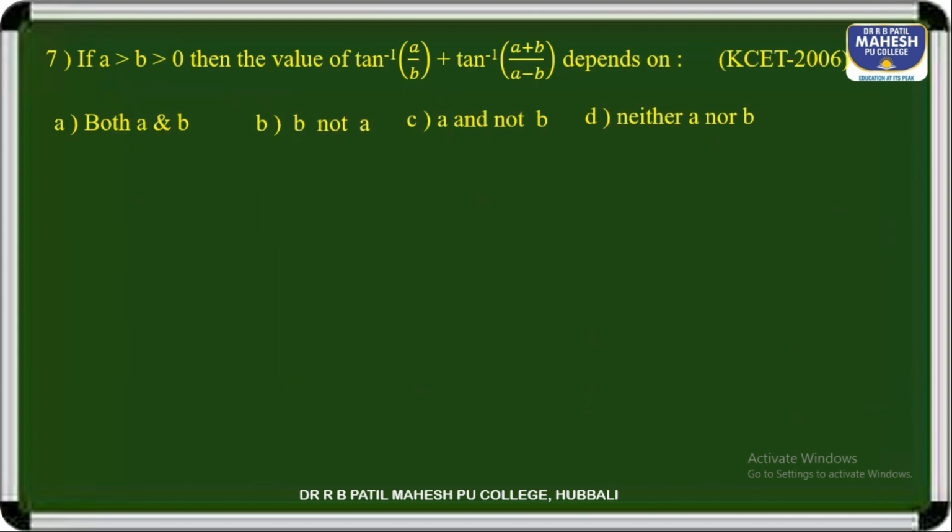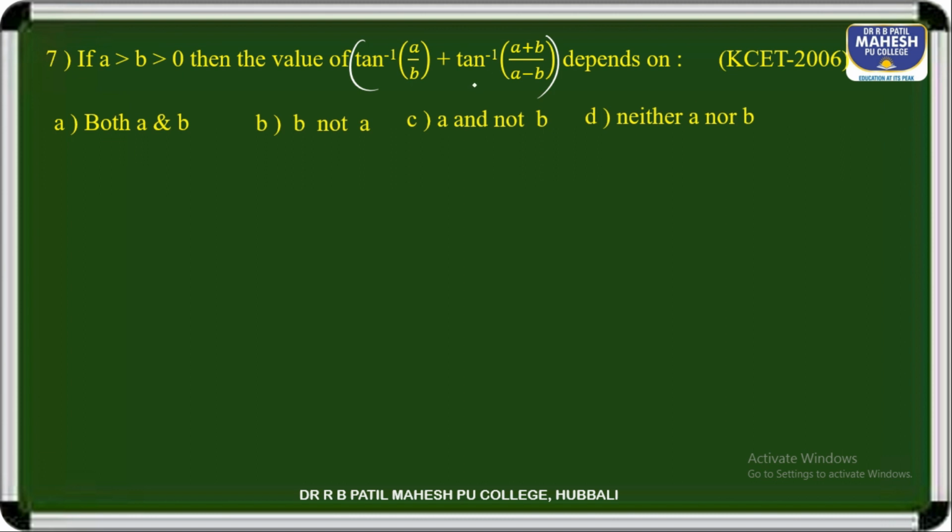Number 7. If A is greater than B is greater than 0, then the value of tan inverse A by B plus tan inverse of A plus B upon A minus B depends on, this expression. The value of this expression depends on what? Option A, both A and B. Option B, B not A. Option C, A and not B. Option D, neither A nor B. So the value we should find out.